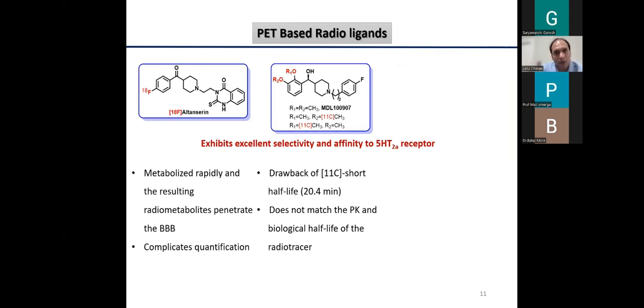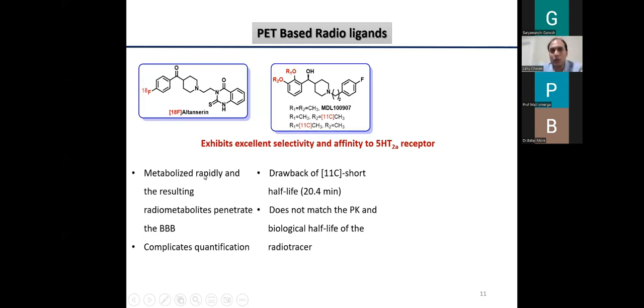It is a barrier which covers our brain and protects our brain from any outside particle. So when it gets cleaved, the metabolites of this molecule penetrate into the brain. Because of that, it makes it more complicated to quantify this molecule at that particular site.